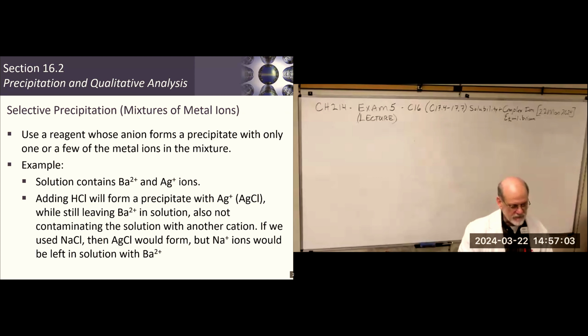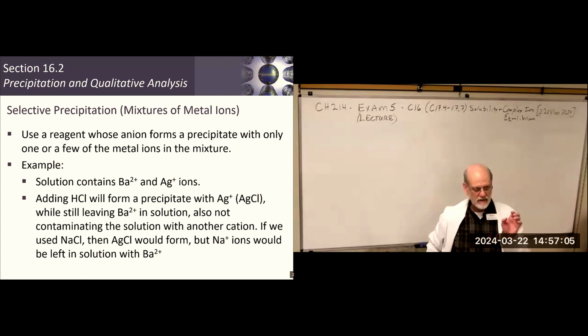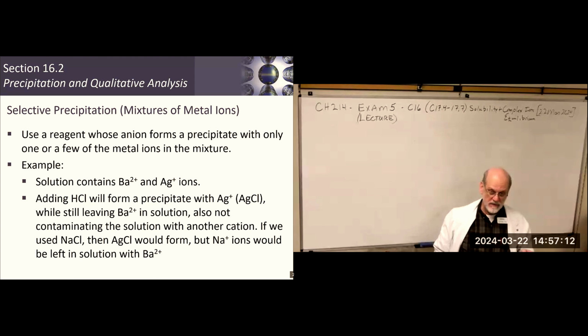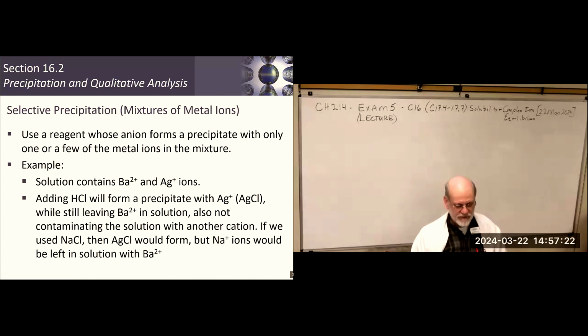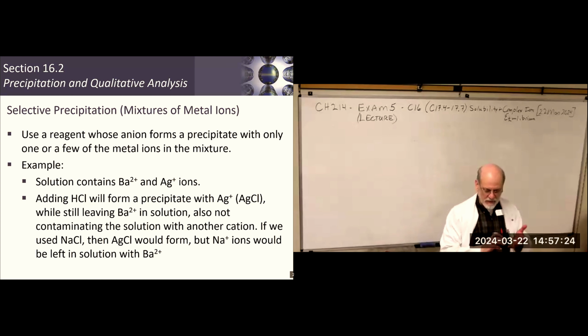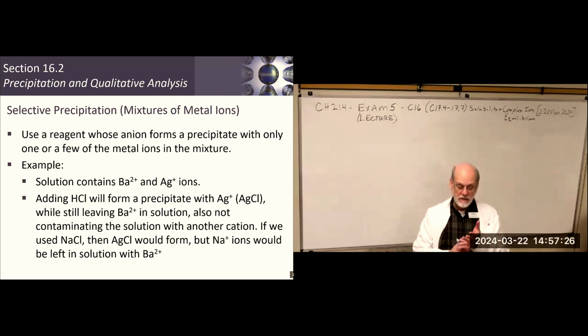And what you have to do is choose wisely and in the proper order the additive anions that will precipitate out the ones you want and leave the others behind. Okay? And that has to do with both the concentration of the added ions and the pH of the solutions.